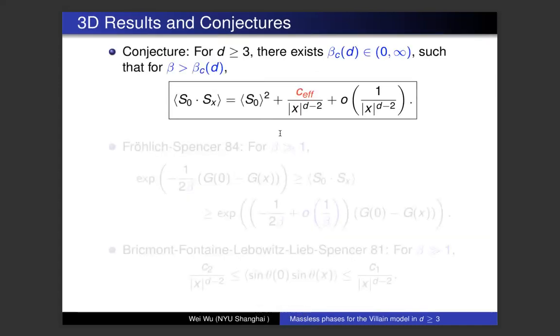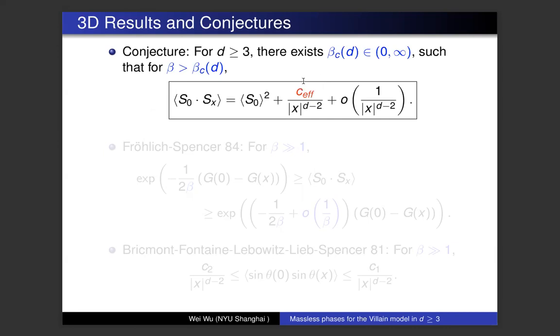Now, what happens in 3 and more dimensions is that we believe that if you look at the two-point function, there is a first term, which is just the magnetization squared, and then on top of that, there's this truncated correlation function, and you expect it behaves like the correlation function for a Gaussian free field. So it's like you have 1 over x to d minus 2, but the constant here is not the one that you obtain from the spin wave computation.